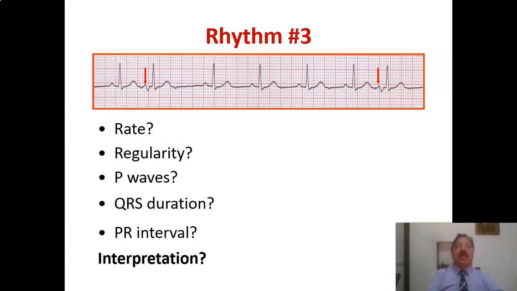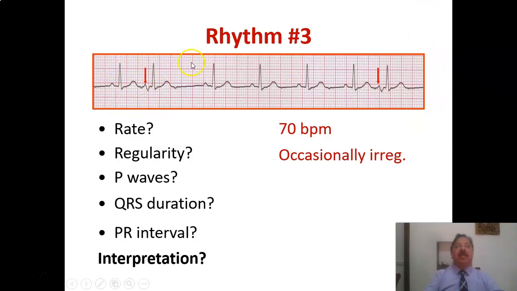Look at rhythm number 3. Rate here, slow, fast, normal? What's the rate? Apply whatever method you know. 70 beats per minute approximately. Is it regular or irregular? Occasionally irregular, marked at the red arrows.